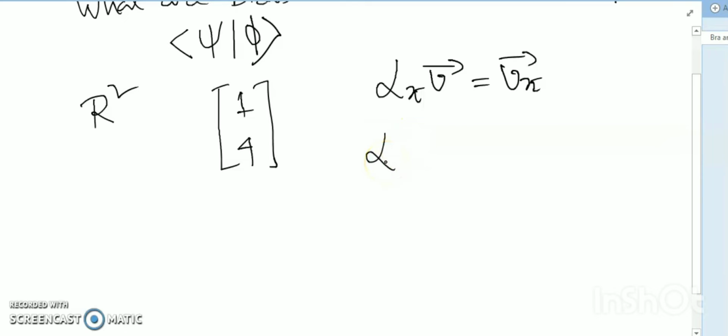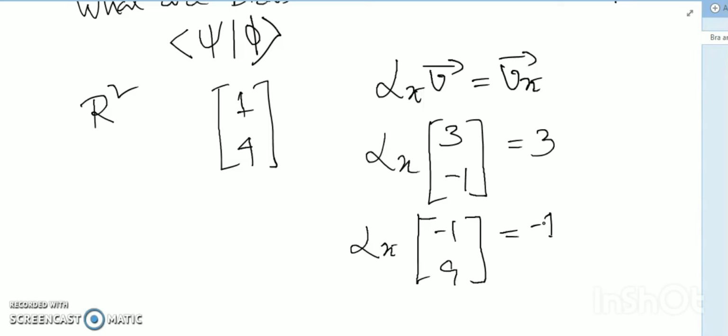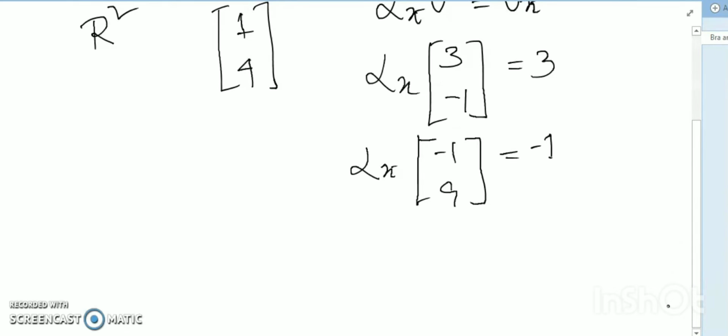This vector has a component of 1, so Lx of it is 1. And Lx of (-1, 9) equals -1. This vector has a component of -1 along the x direction, so this map would return -1. You can check that this is indeed a linear map.